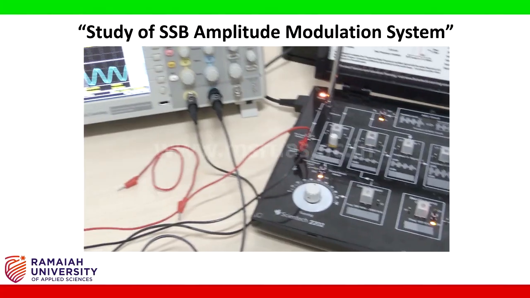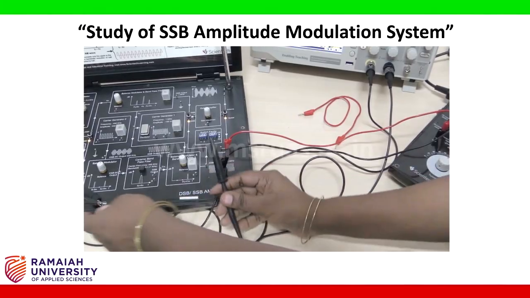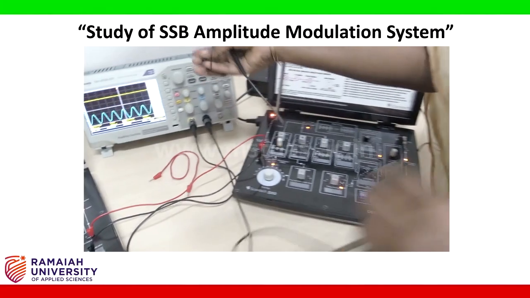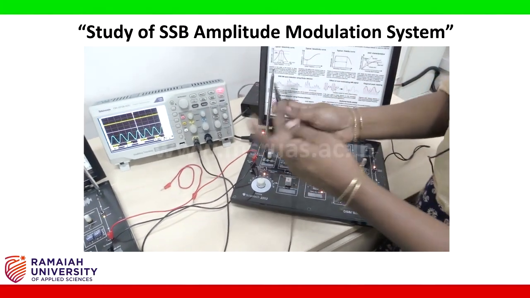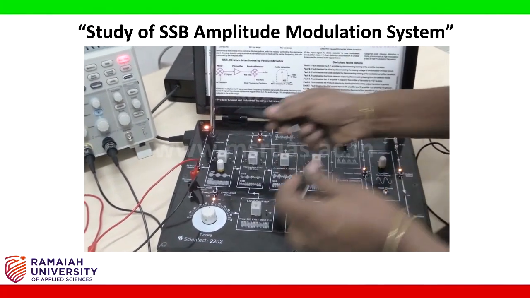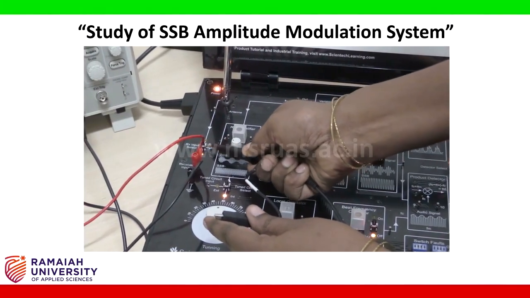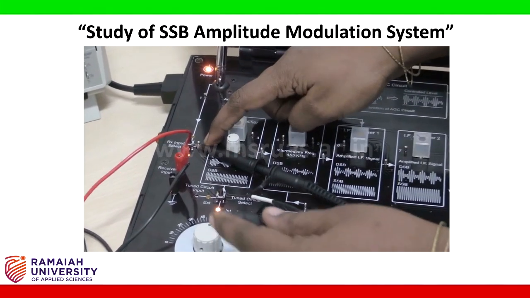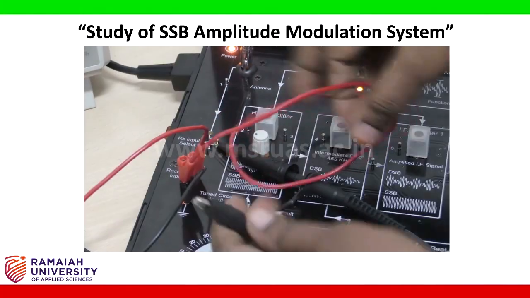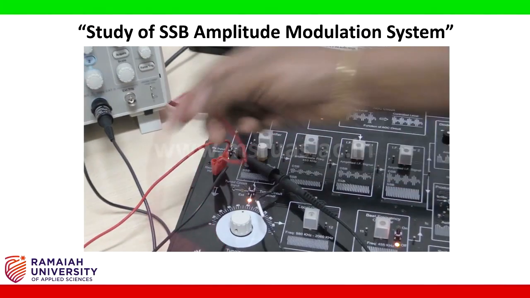Now take the CRO probe from the transmitter kit. This we were using to observe the output waveform. Now keep this in the receiver. First, connect it to verify whether the output is coming or not. So first put the CRO probe here. Take another connecting wire if necessary to connect the ground of the CRO probe.